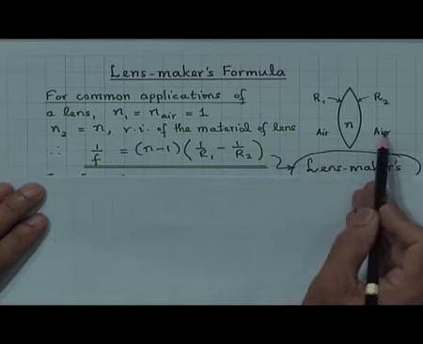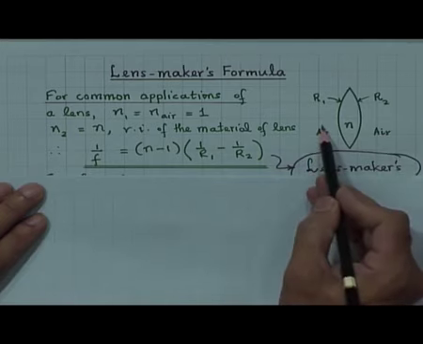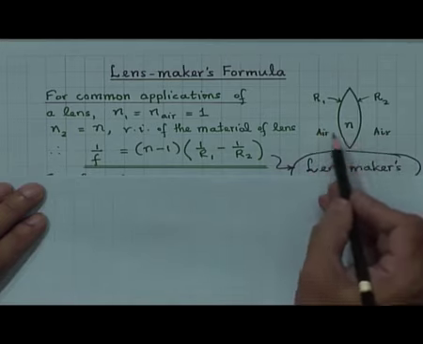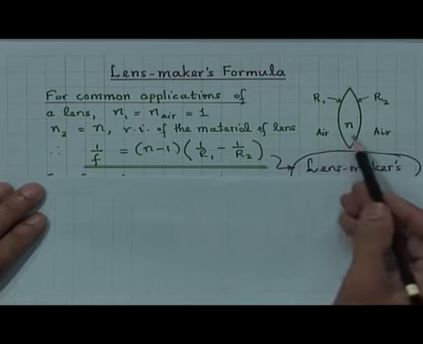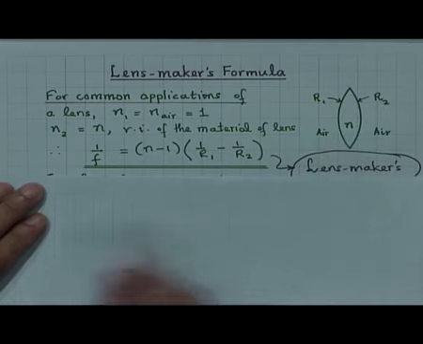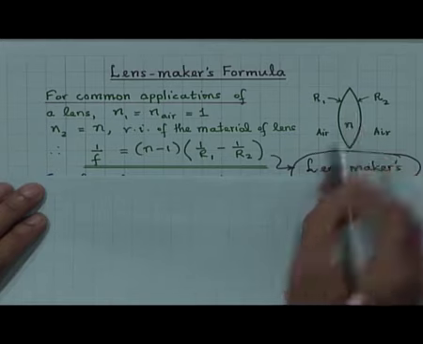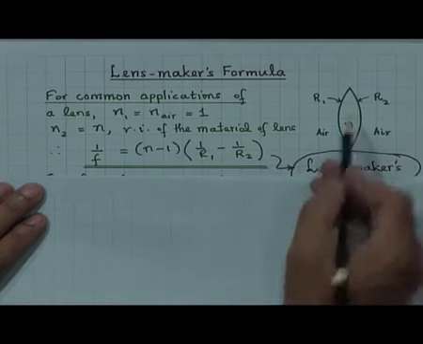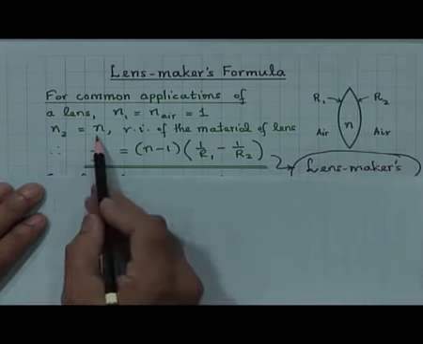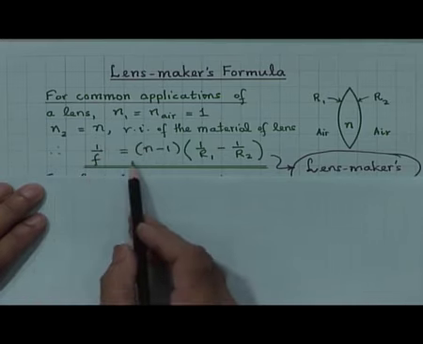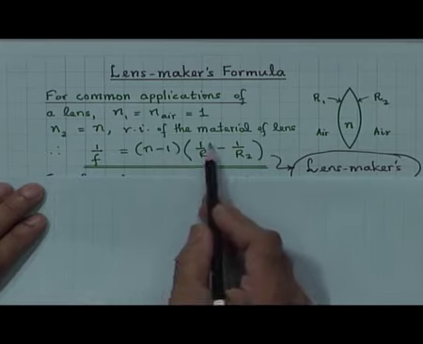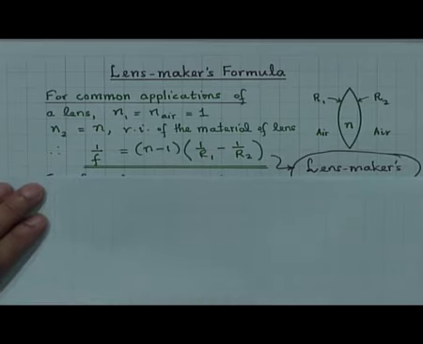So it is air, and therefore the refractive index is 1, and the refractive index of the lens is denoted by n, because there is only one other refractive index. So there is no point in writing n1 and n2. n is the refractive index of the material of the lens, and then we have 1 over f equal to n minus 1 into 1 by r1 minus 1 by r2.